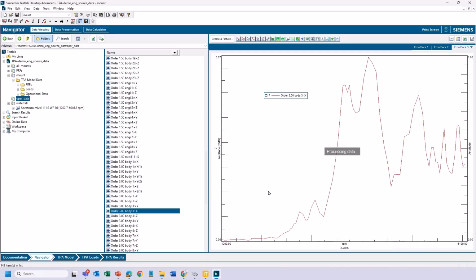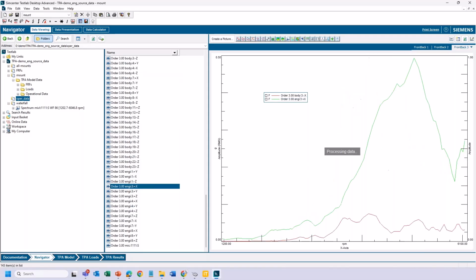If we look at this operational data, notice I got a body 3 here, but then I also have an engine 3, right? Why would I have 2 accelerations? Is one on the active and one on the passive side? Yeah, and which one do you think's active and which one do you think is passive?